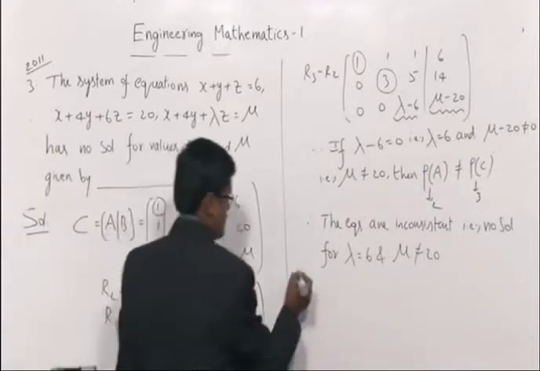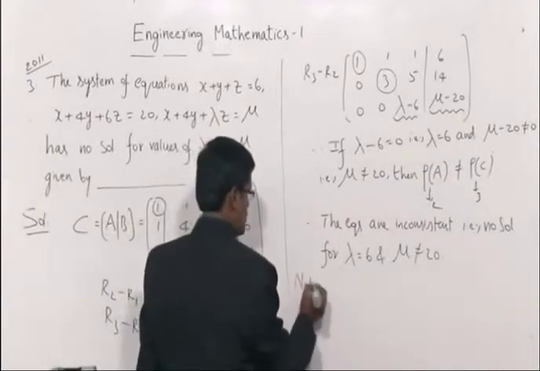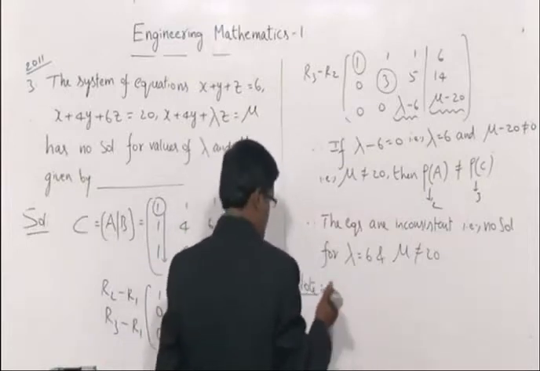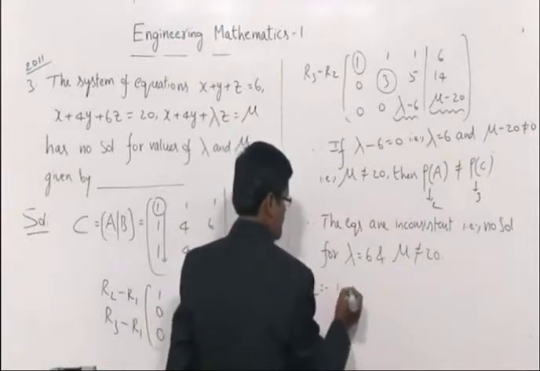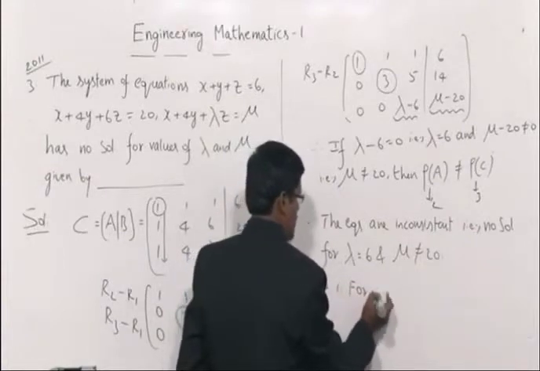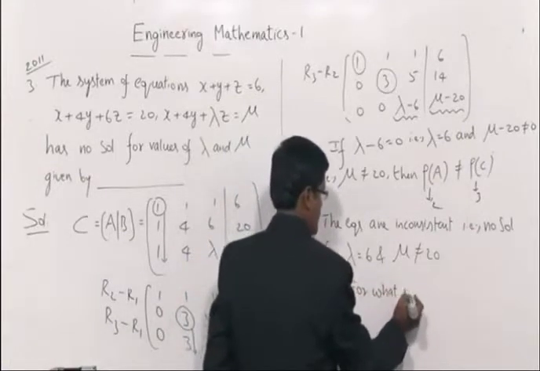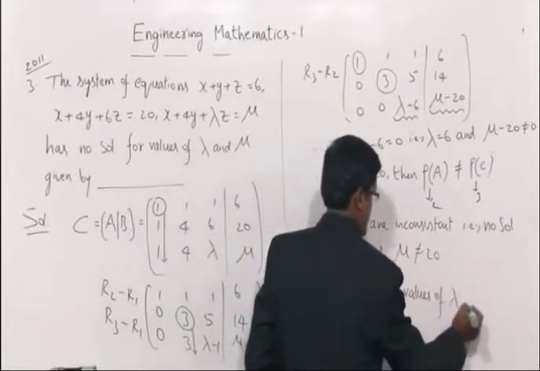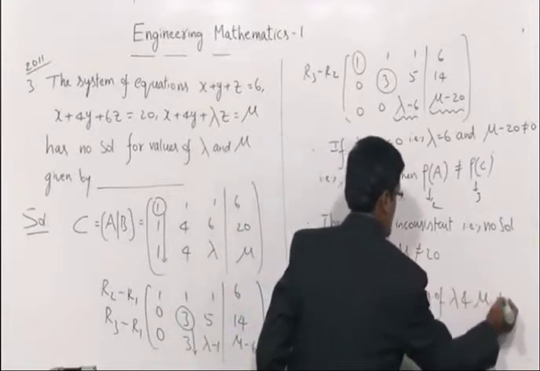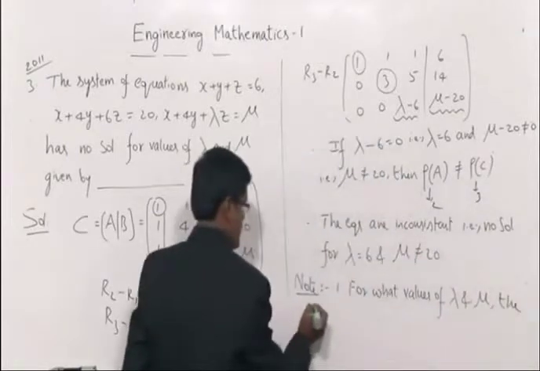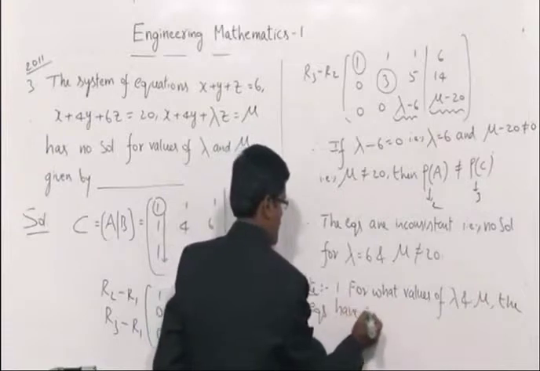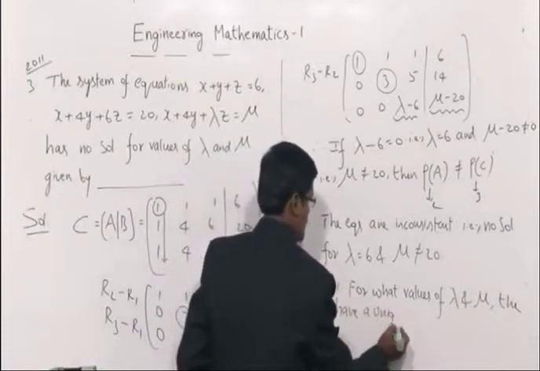After this I am asking 2 questions, using the above procedure; you do them later at home. First one: for what values of lambda and mu do the equations have a unique solution?